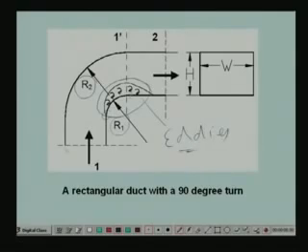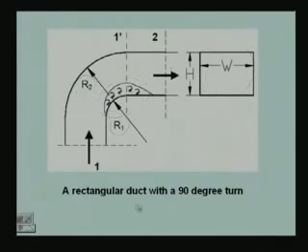Because of these eddies the dynamic pressure losses take place. So, the pressure here will be lower than the pressure at this point. Here I have shown a rectangular cross section, but you can also have a circular cross section. You can have any cross section. This is what is known as a 90-degree turn, and we would like to find out the dynamic pressure loss as the air flows from point 1 to 2.